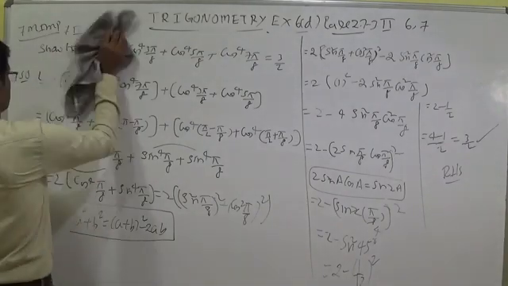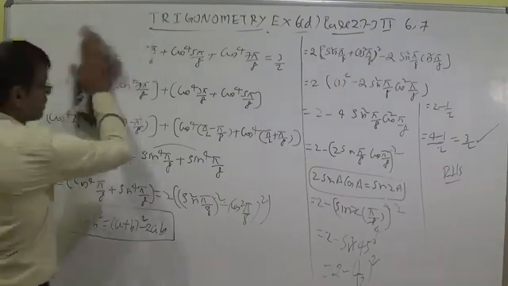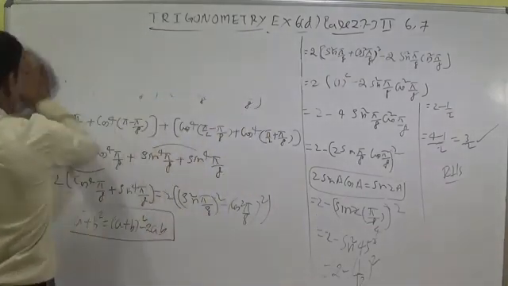We have successfully completed trigonometry exercise 6D Roman number 2 sums.